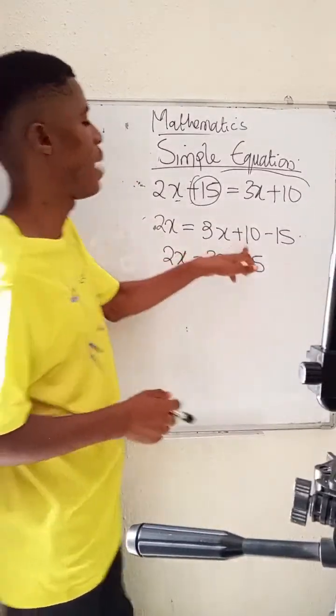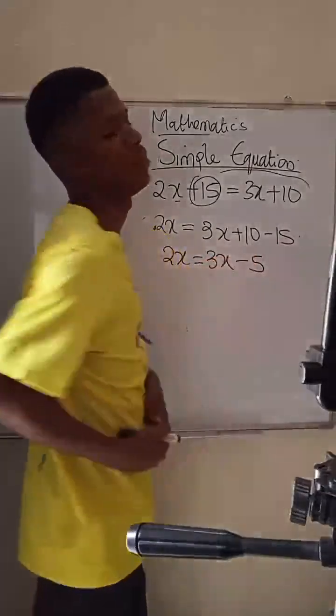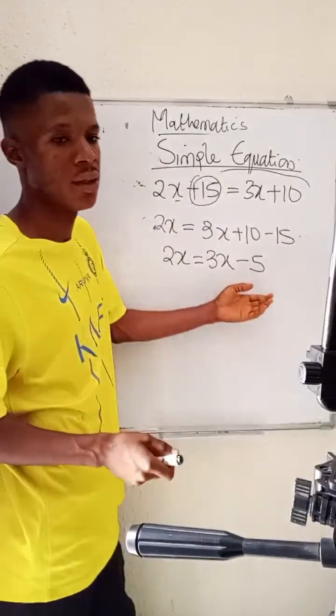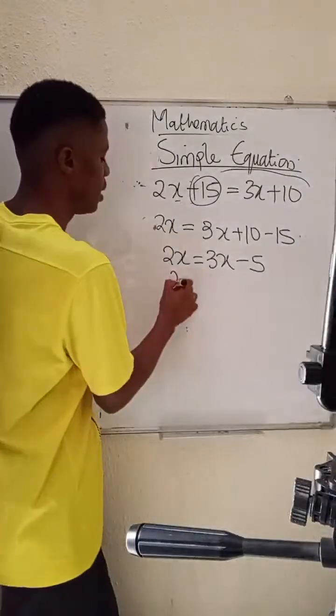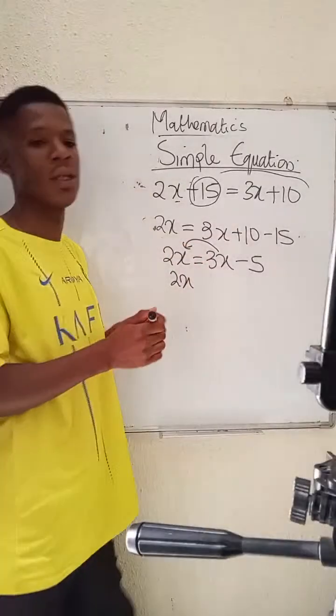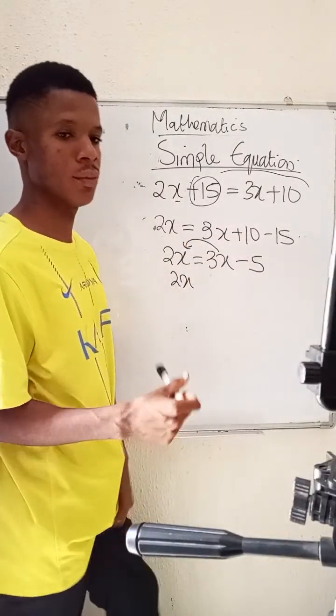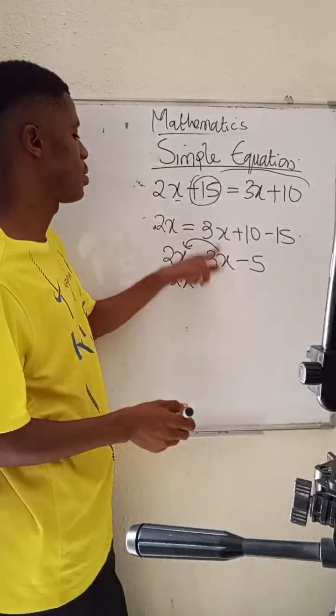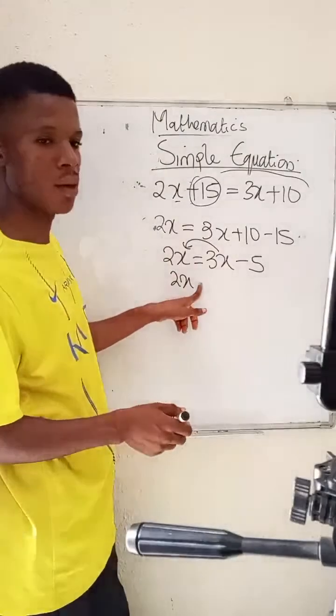You have 10 apples and you are taking away 15 apples, you'll be owing the person 5. So you have 2x. Once 3x is crossing the equality sign, what does it become?